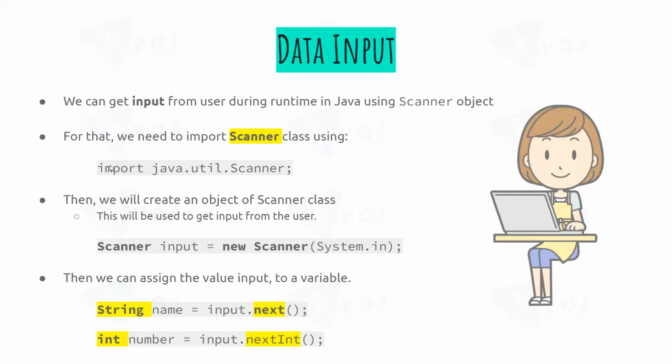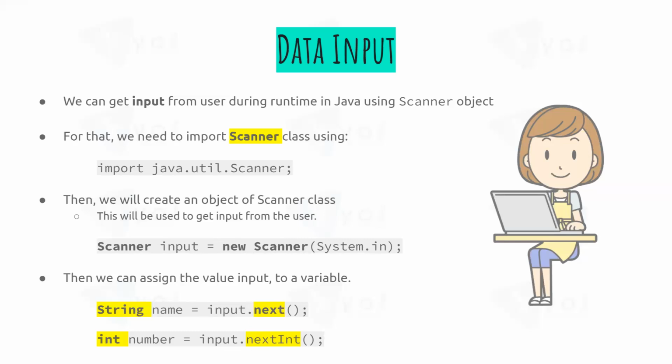Then create a scanner object using the new keyword and link it to system.in. Remember, system.in alone cannot read all the inputs, and that's why we put system.in inside a scanner object. Once we have the scanner object ready, we can use it to read any kind of input that comes from the user.